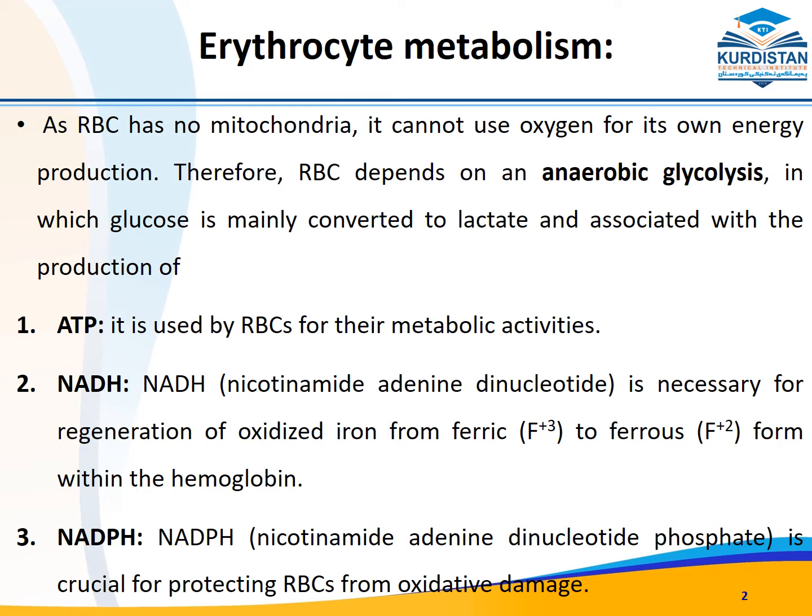Today I'm going to complete the rest of the red blood cell related subjects and start with the white blood cells, or leukocytes. As we mentioned before, red blood cells have no mitochondria and other organelles. Therefore, red blood cells depend on anaerobic glycolysis to get their required energy in the form of ATP.